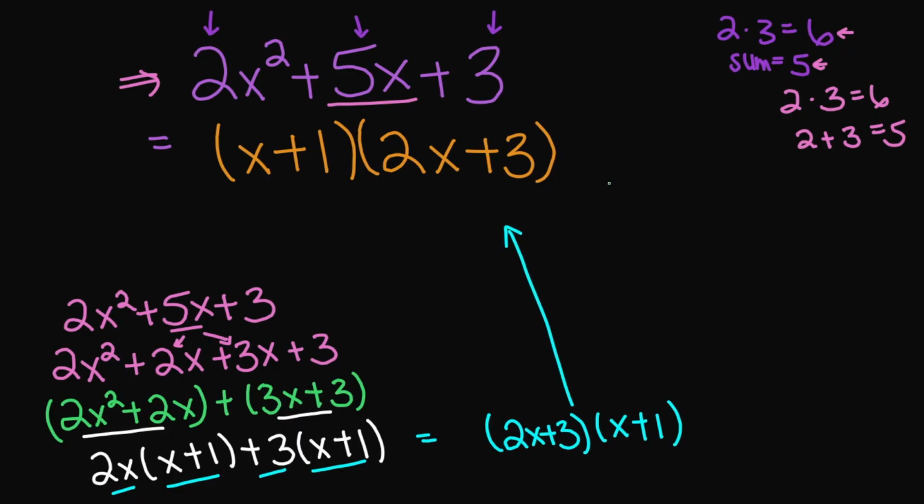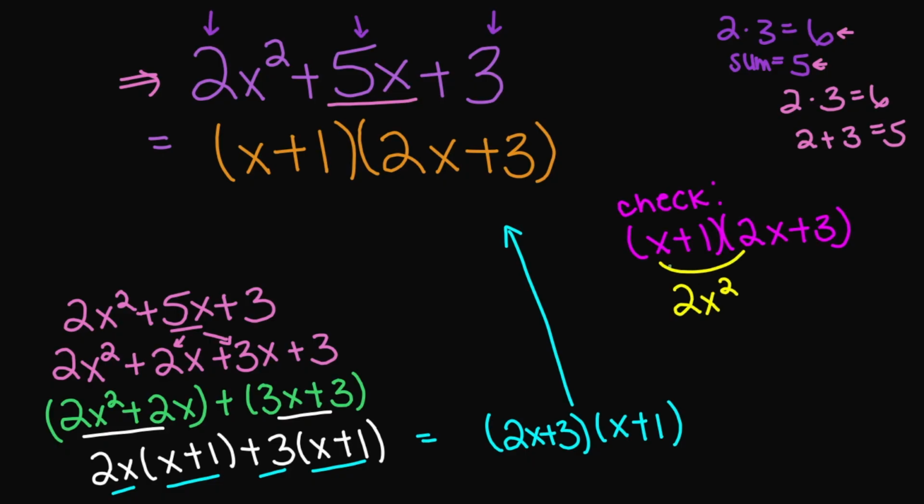All right. Now, let's say we were to check our answer. X times 2x is going to be 2x squared. X times 3 is going to be a positive 3x. 1 times 2x is 2x. And then 1 times 3 is a positive 3. Now we're going to combine like terms.